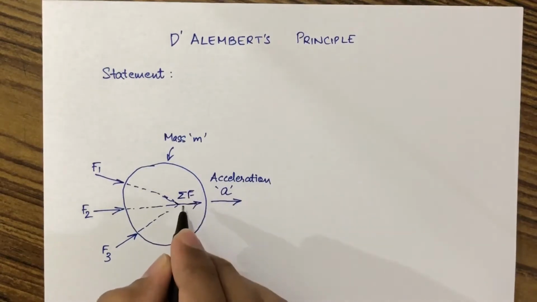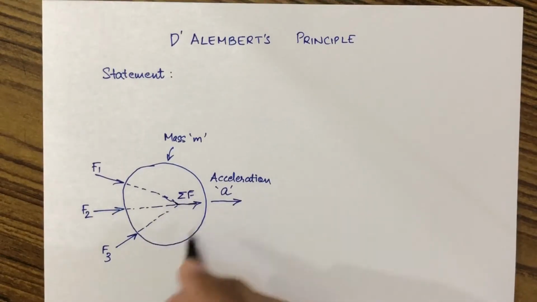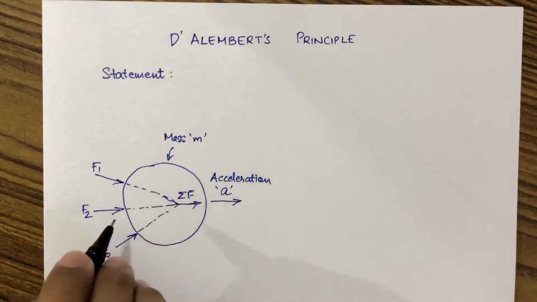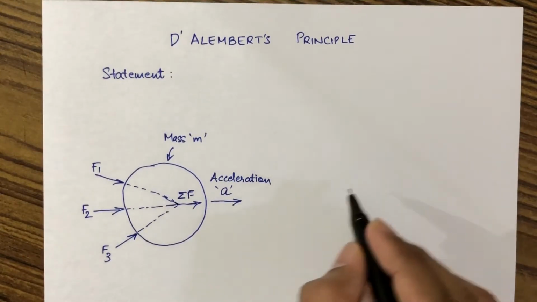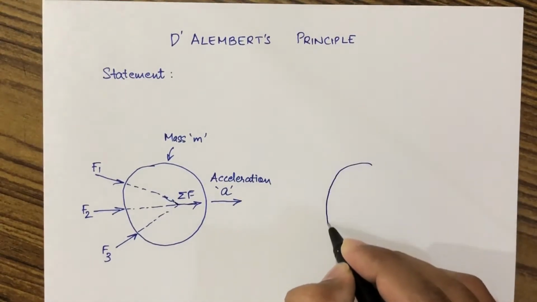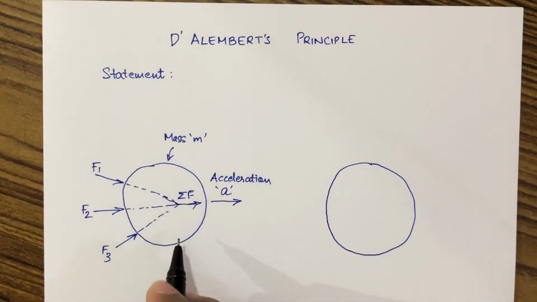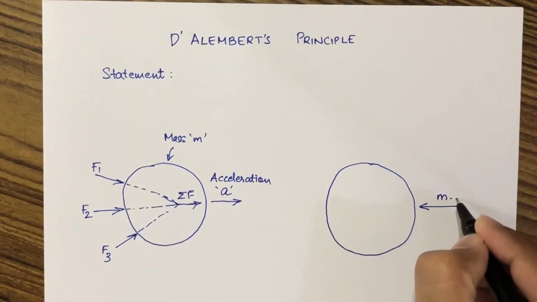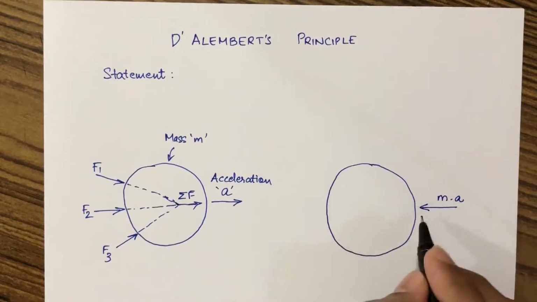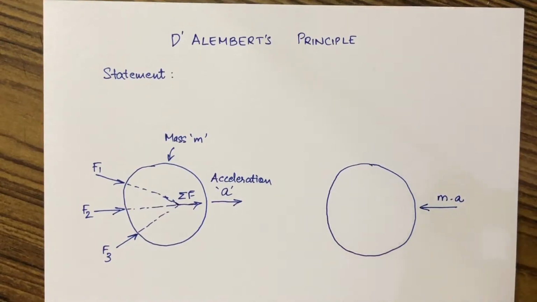This summation F is the resultant force of all these three forces, and because of this summation F, the body will move with a uniform acceleration A. Then, in order to counteract this acceleration, a force which is equal to mass into acceleration will be applied in the opposite direction.